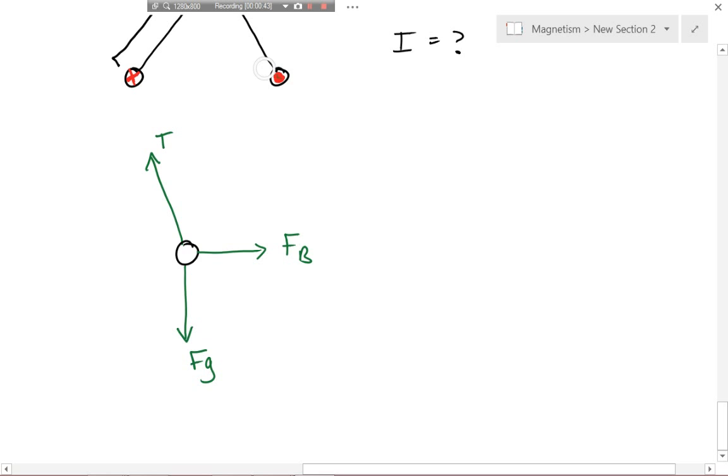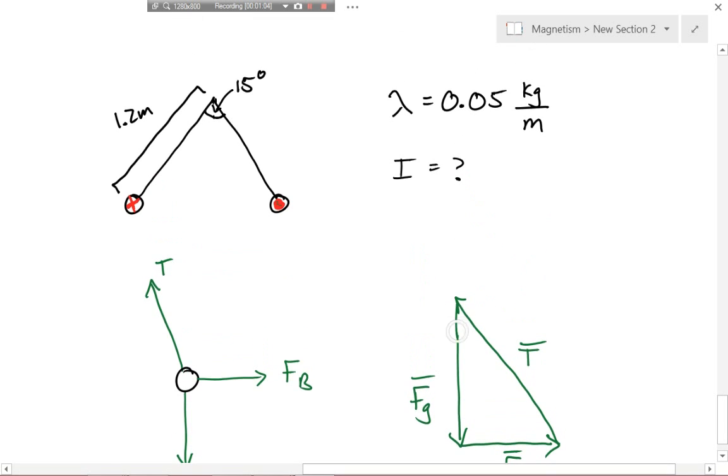If this wire is in equilibrium, then the sum of these three forces has to equal 0. So that means that if I place these vectors head to tail, they have to go back to where they started. Here we have the gravitational force, the magnetic force, and then the tension force. And this whole thing has to form a closed triangle like I have shown here. This angle right here is equal to 1/2 of this 15-degree angle.